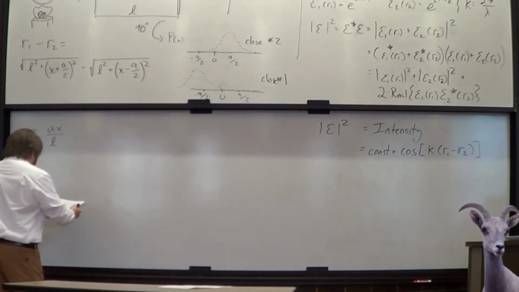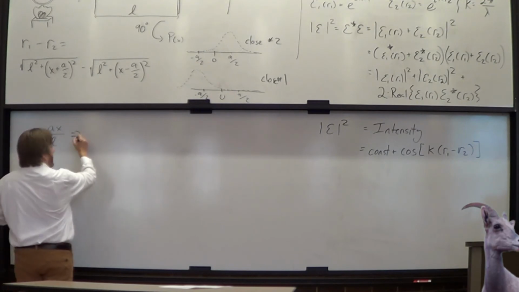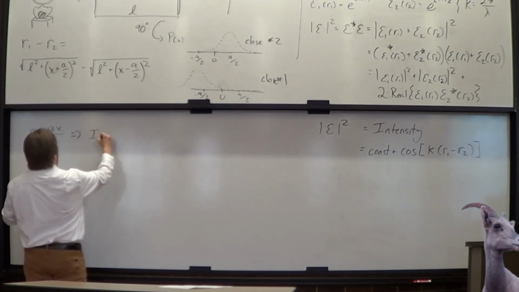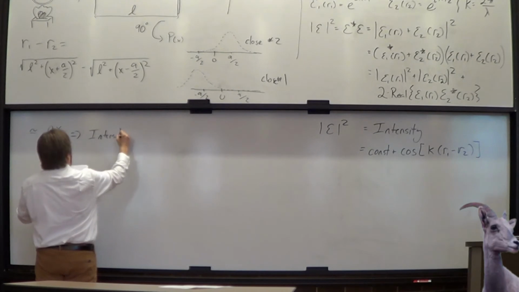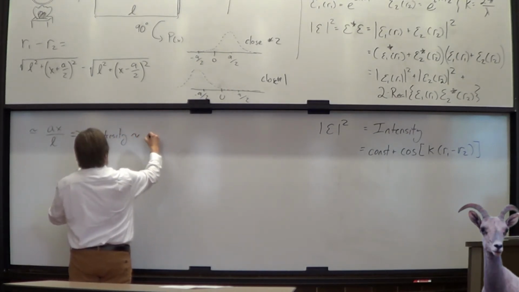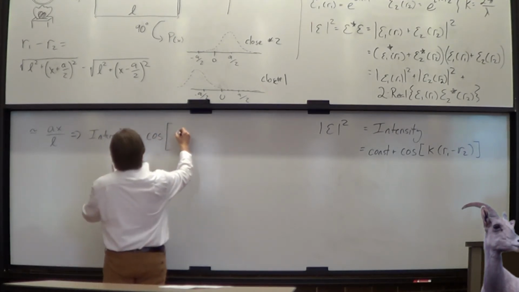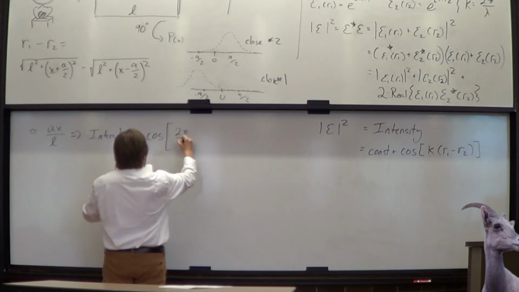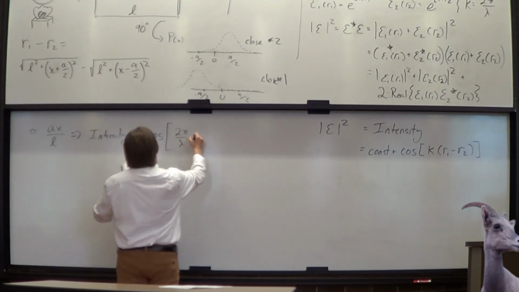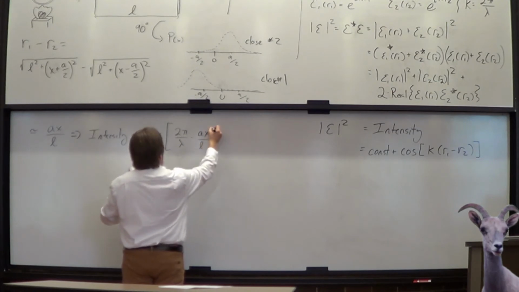Okay, so therefore the intensity is modulated by a cosine. K is of course 2 pi over lambda, times ax over the length.